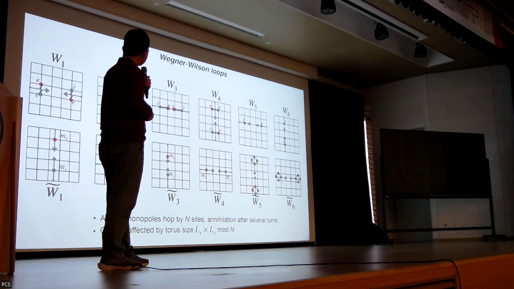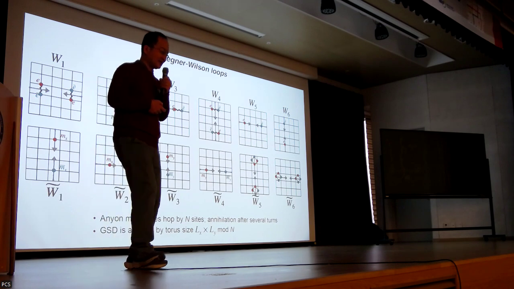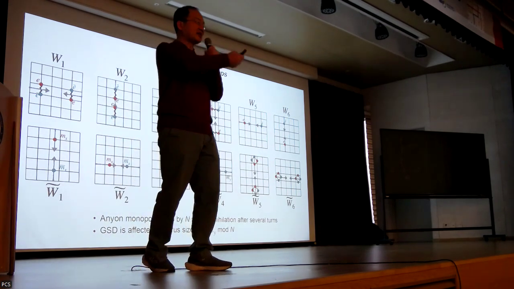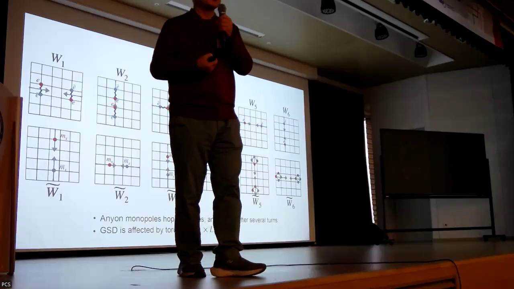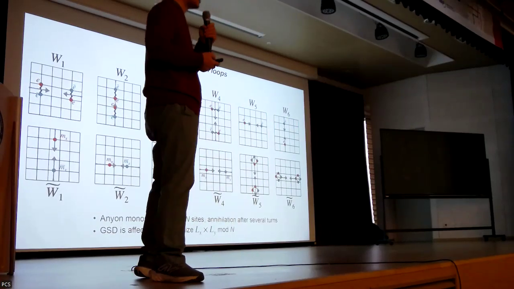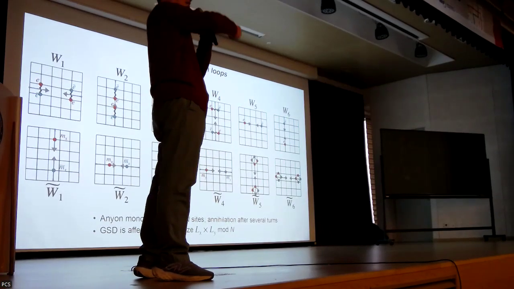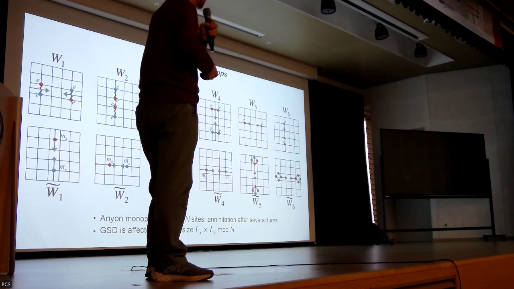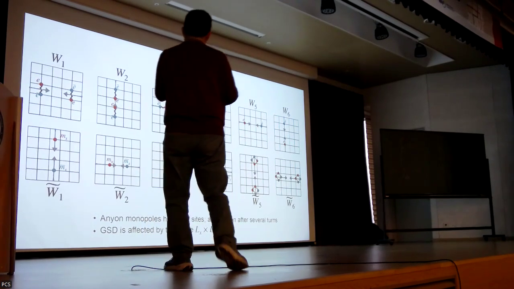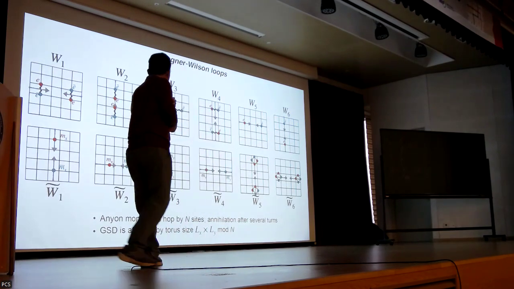And because of that, there's a way of understanding this topological degeneracy of toric code in terms of creation and annihilation of anyon pairs, or in terms of Wigner-Wilson loops.